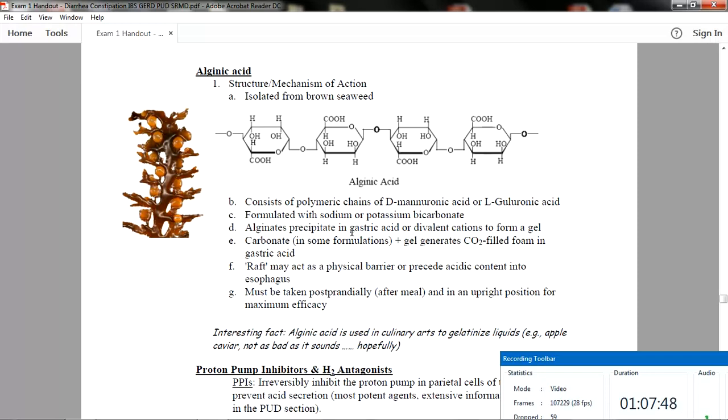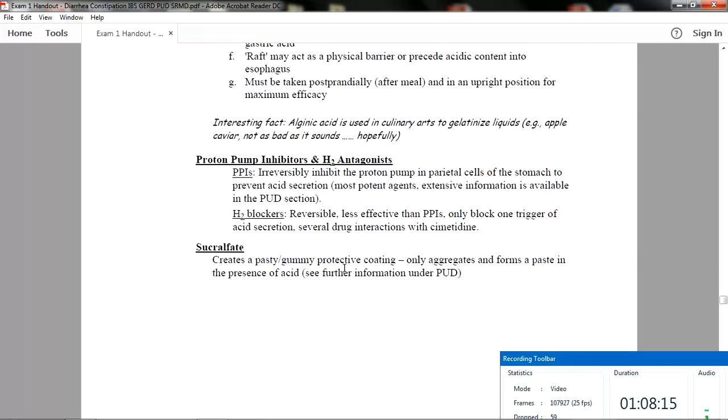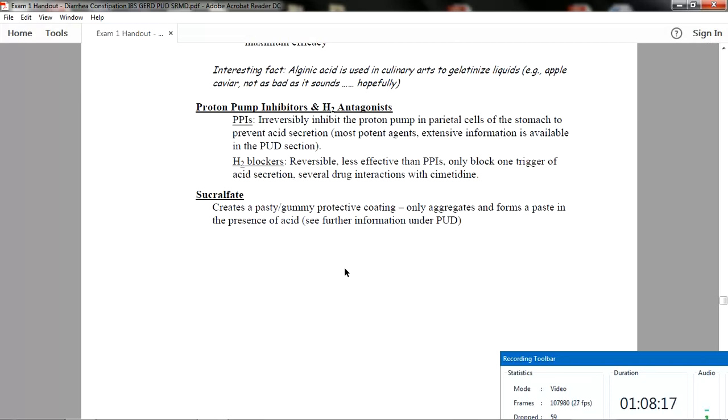Okay, and the carbonate, which is in some formulations, produces the CO2, and what happens is the gas fills up the gel and it kind of creates a foam in the gastric acid. So the theory here is that the raft of this gelatinous foam may act as a physical barrier to prevent acid reflux. For that to work, it should be taken postprandially, or after a meal, in an upright position for the maximum efficacy.